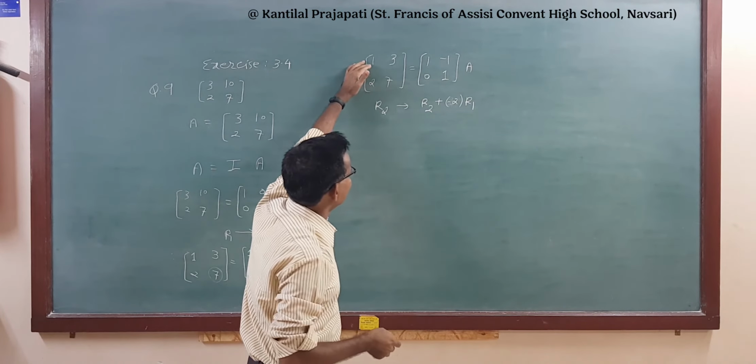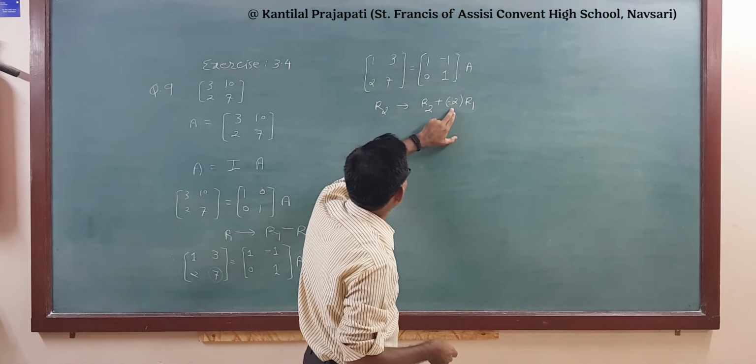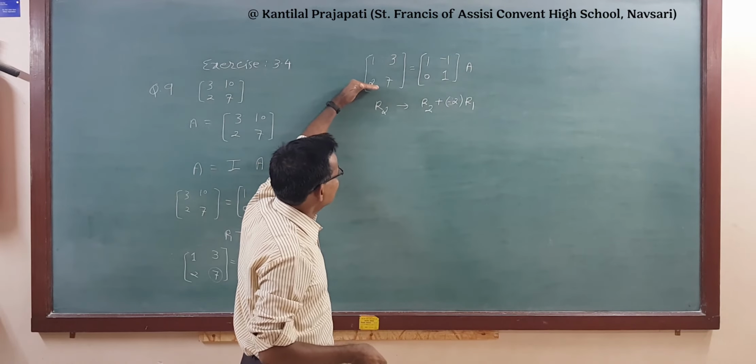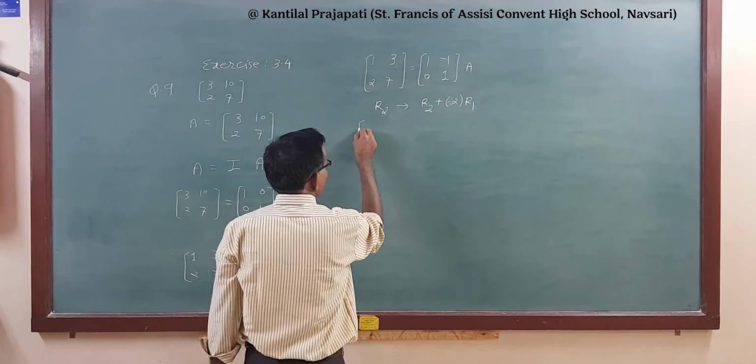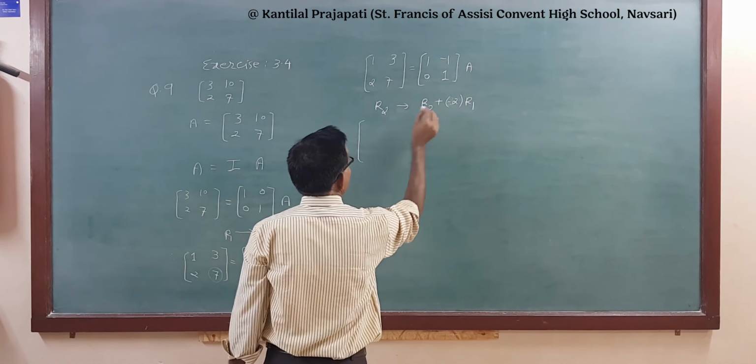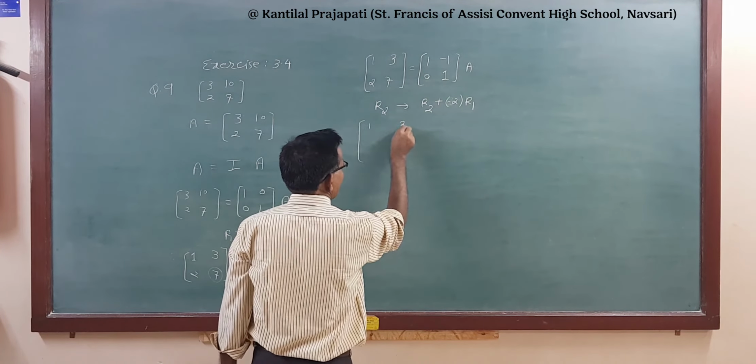The first row is multiplied by minus 2 and then added to the second row. We have to apply this notation. So see here, the second row will be changed and the first row is as it is.